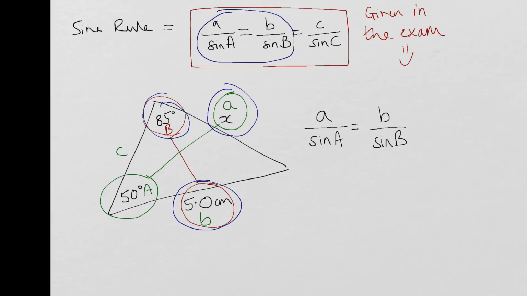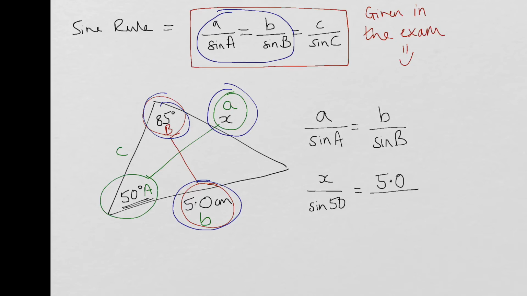Okay, so a is the length, which in this case is x. That's what I'm being asked to find. Capital A, we know, is over here, so that's 50 degrees. So x over sine of 50 is equal to b. Now b in this case is 5 centimetres, but we've been given that to one decimal place, so I'm going to keep that in nice and tidy.